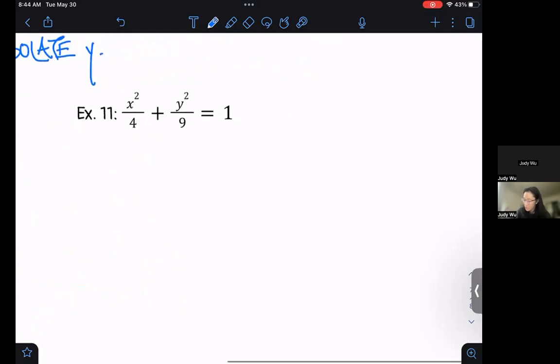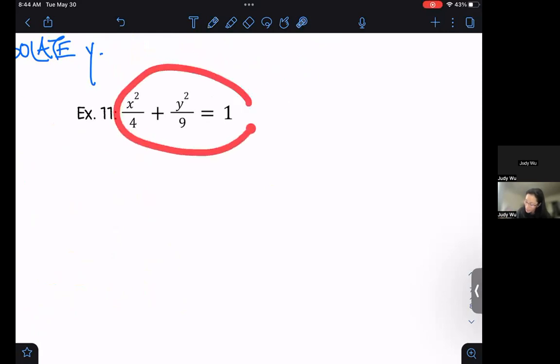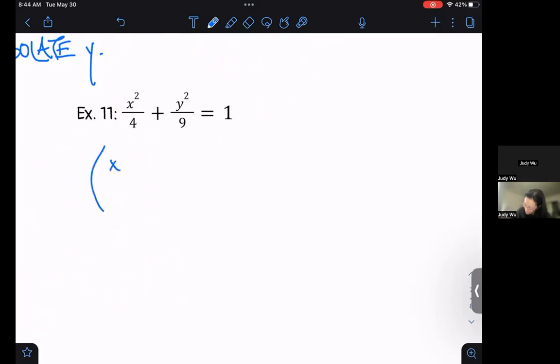A trick that I like about working with things that have fractions is I actually like to get rid of fractions whenever I can. If I look at this example, I've got y squared over 4 plus x squared over 9 equals 1. I've got a lot of fractions. So here's what I'm going to do. I'm going to take the entire equation and multiply by 36.